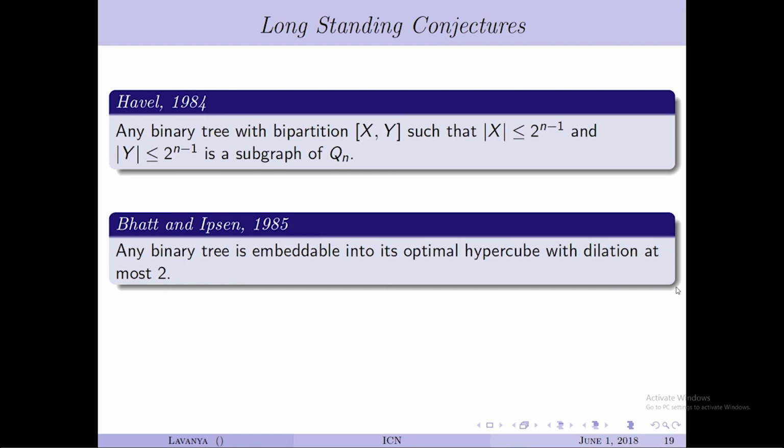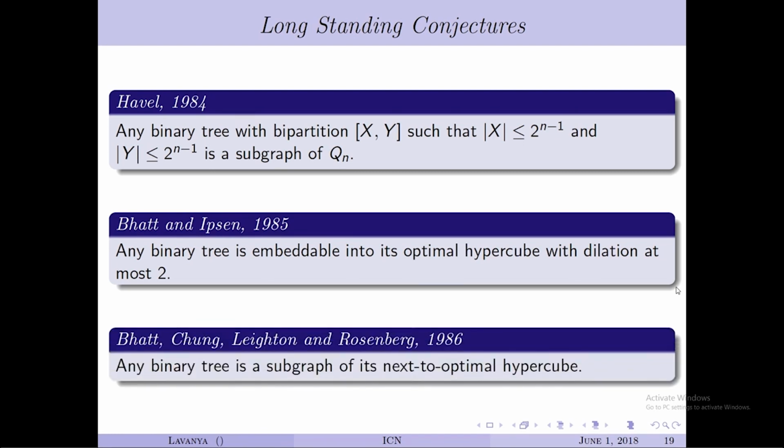It was proved with dilation at most 2, that is, every edge is mapped to a path of length at most 2. Either an edge goes to an edge or an edge goes to a path of length 2. So this was shown. As a result, in the optimal hypercube I know it is of dilation 2.